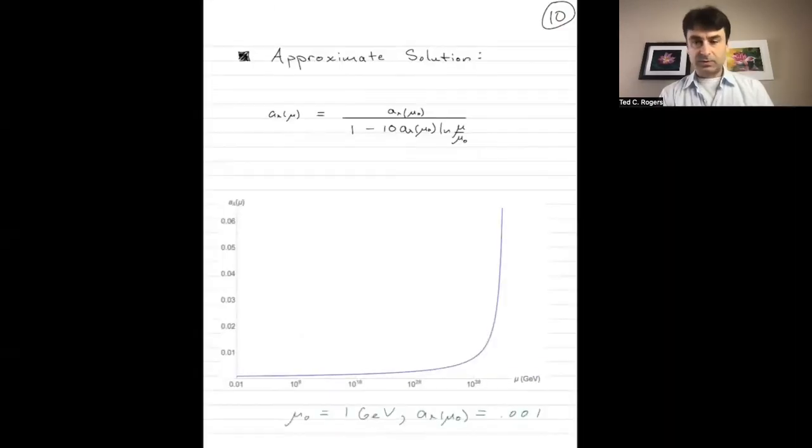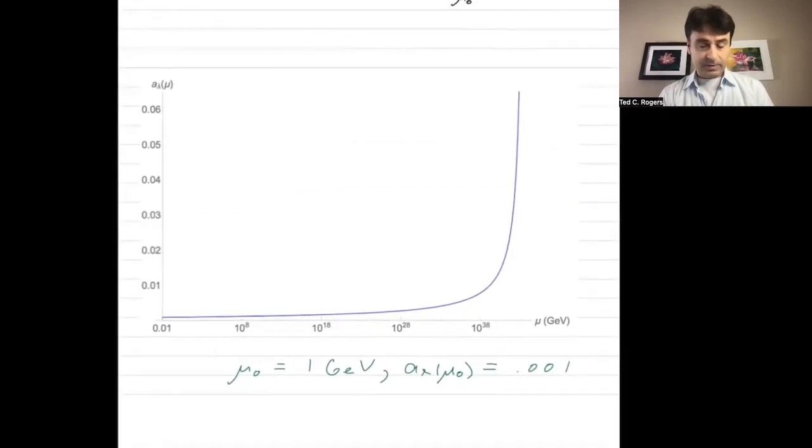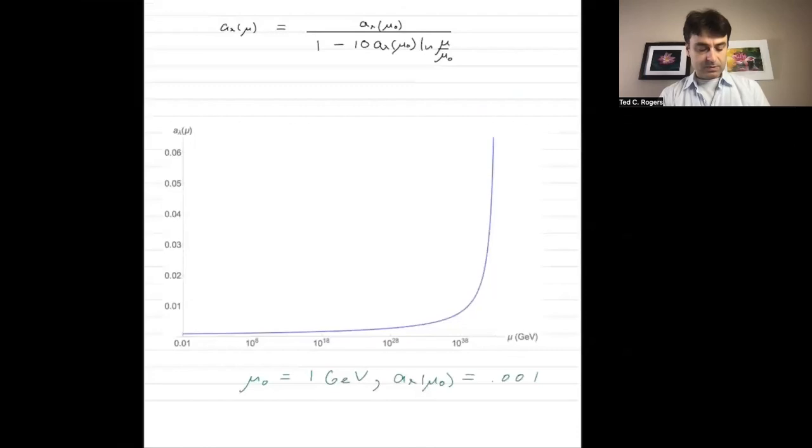It's maybe instructive to just go ahead and plot that. Here I rather arbitrarily chose mu0 to be 1 GeV. So we're living in a universe where this theory is real. We might be doing an experiment where we fix the coupling at mu0 equal to 1 GeV. And let's say that the coupling is some generically small value, 0.001.